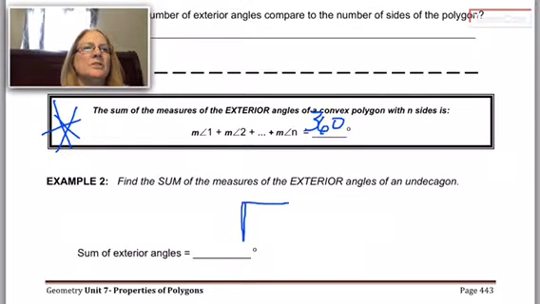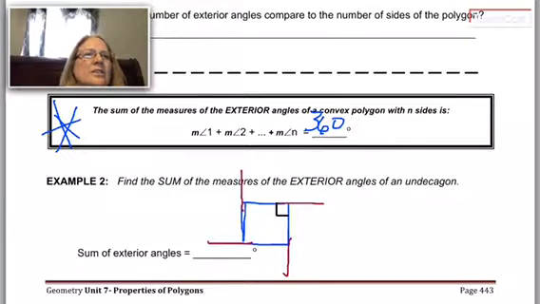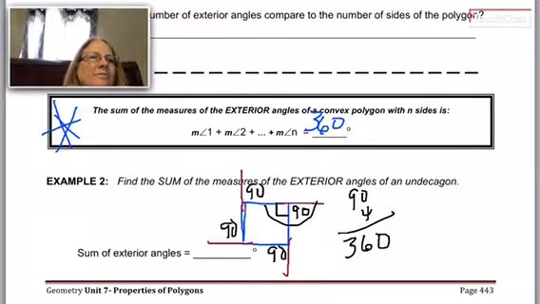If I pretend this is a square and extend each side, we know in a square that each interior angle is 90 degrees. So this is a straight line, so if that one's 90, this one also has to be 90. So all of these are going to be 90. So 90 times 4 is 360.